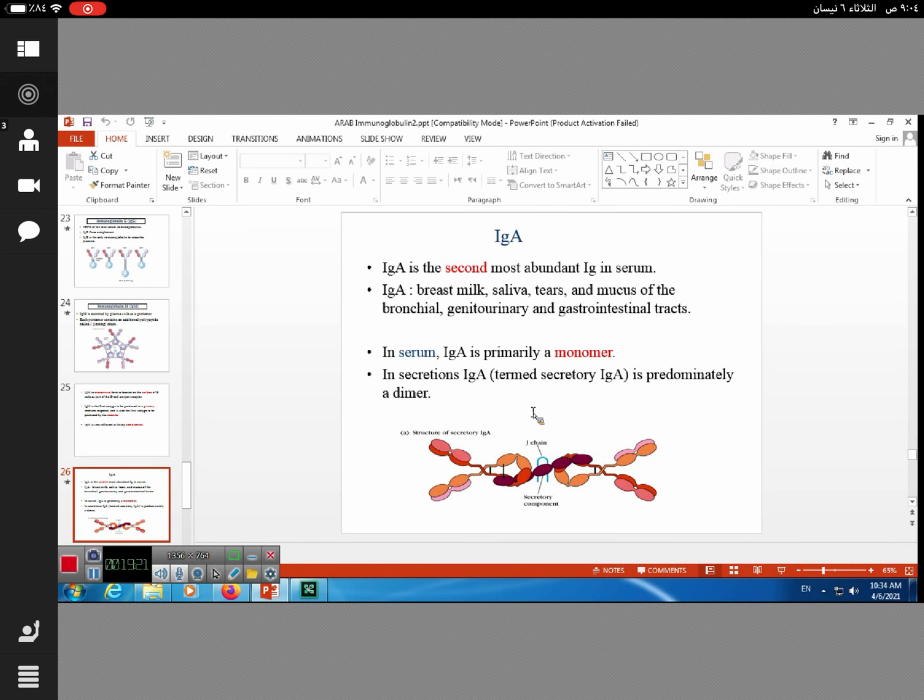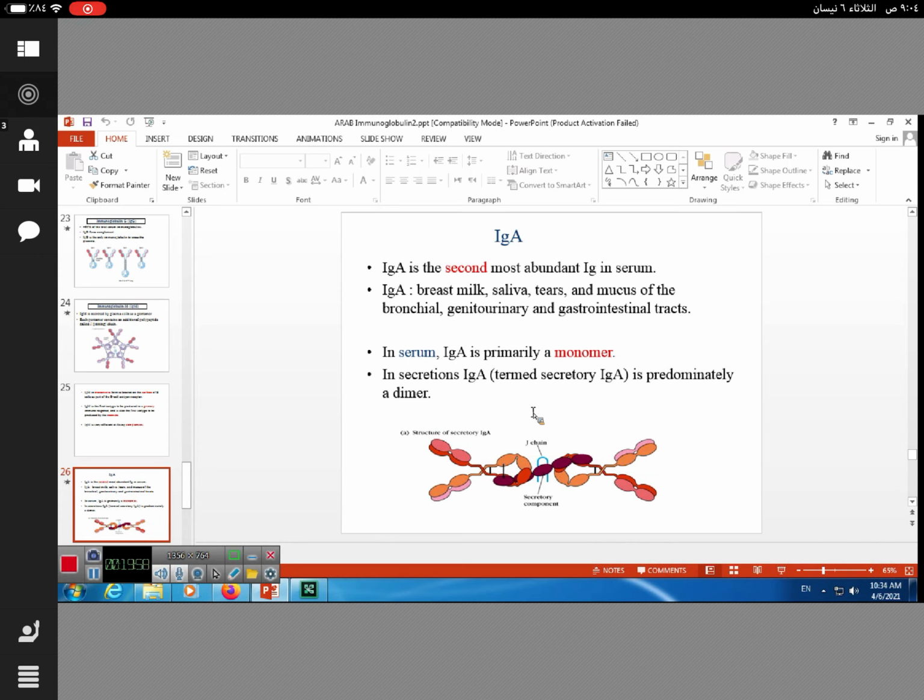The next class is IgA. IgA is the second most abundant immunoglobulin in serum, while in the total body, IgA has a high concentration. IgA is present in breast milk, tears, mucus, and the gastrointestinal tract.